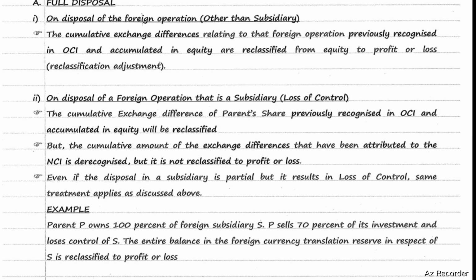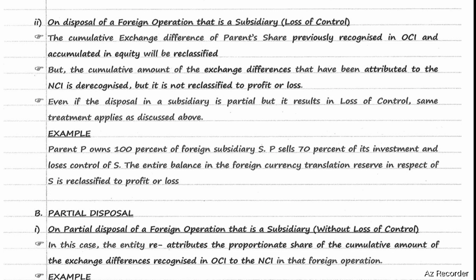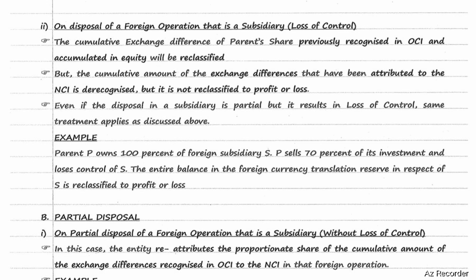Reclassification adjustment: on disposal of a foreign operation that is a subsidiary, that is, loss of control, the cumulative exchange difference of the parent's share previously recognized in OCI and accumulated in equity will be reclassified. But the cumulative amount of the exchange differences that have been attributed to the non-controlling interest is derecognized, but it is not reclassified to P&L.